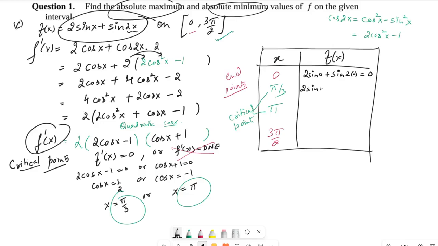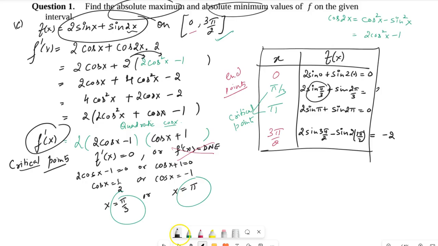Then 2 sine pi by 3 plus sine 2 pi by 3. Calculate that. 2 sine pi plus sine 2 pi will also be 0. 2 sine 3 pi by 2 plus sine 2 times 3 pi by 2 is going to be negative 2.